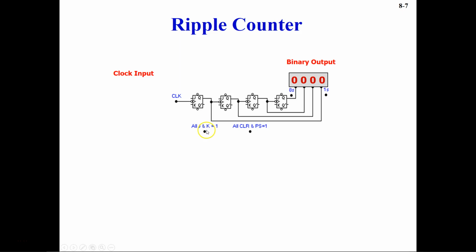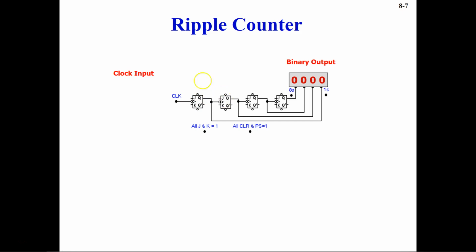You see here that all J and K should be equal to 1. If these two are equal to 1, then your output Q is going to toggle. So if you have 0 previously and you put J and K equal to 1, then the next state of Q is going to be 1.